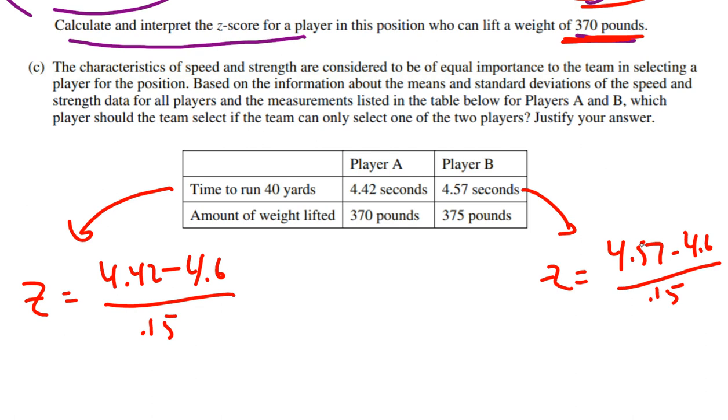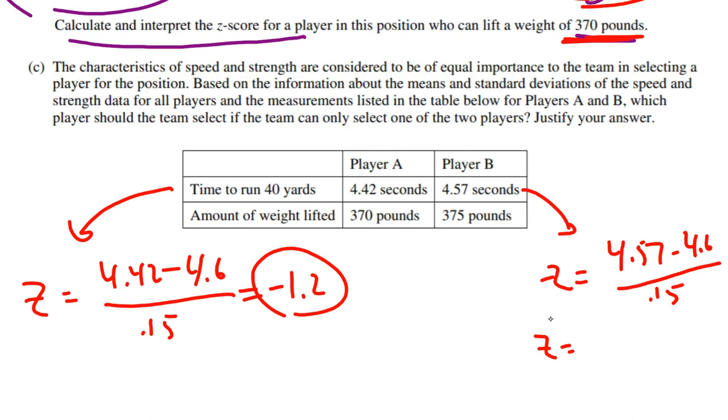So let's calculate them both here and see what we have. That first Z-score, divided by 0.15, we are getting a Z-score of negative 1.2. Now keep in mind, it's good to have a negative Z-score when we're talking about running times, because this person is faster than the normal person, or the mean person, we'll say.